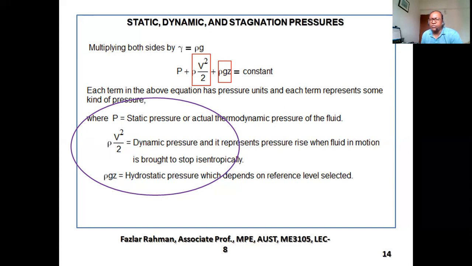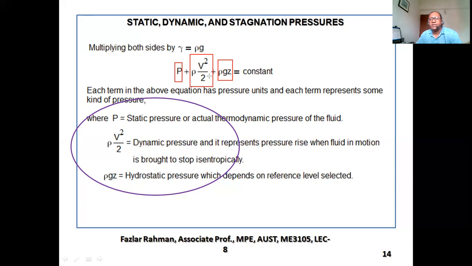How do you know whether an equation is wrong or right? There is one thing: the unit of all the terms has to be the same. This equation has three parts, right? Like P, then rho v square by 2, then rho g z.